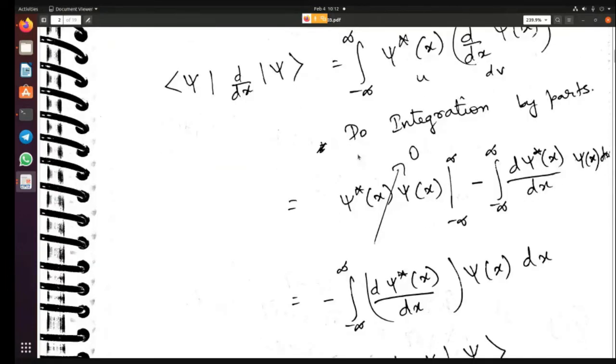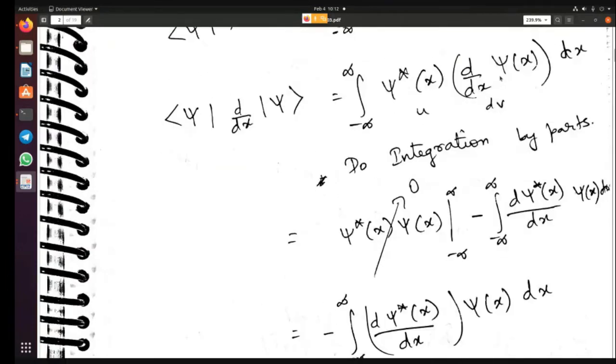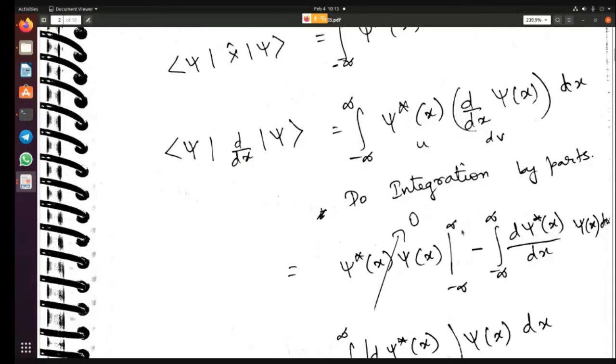If we do that, we see u into v, where v is just psi of x. So psi star of x into psi of x, going from minus infinity to infinity. Because the wave function vanishes at minus infinity as well as infinity, this term becomes 0. Always remember that wave functions vanish at minus infinity and plus infinity. Then the second term is v du.